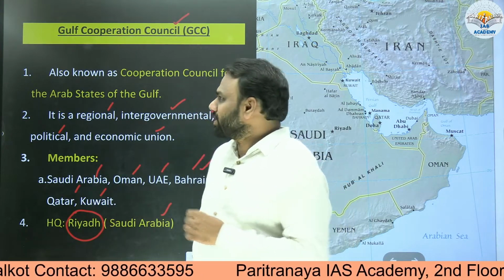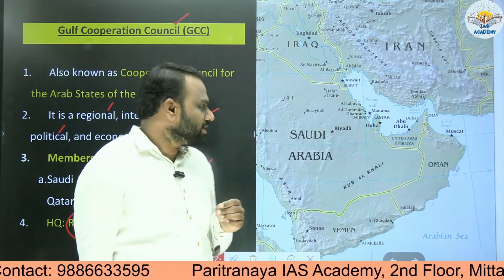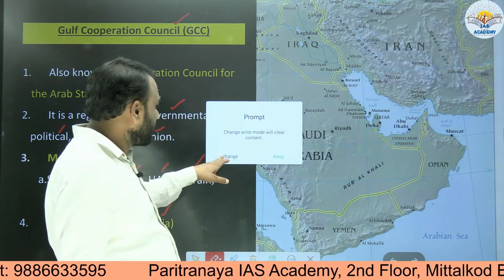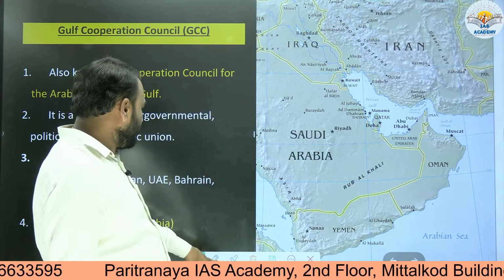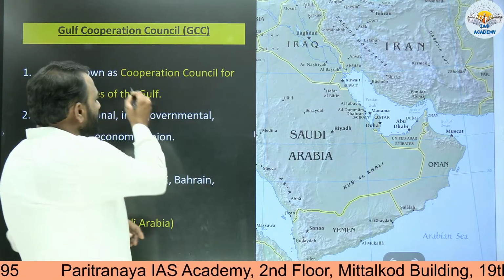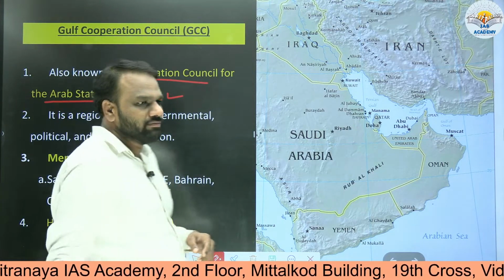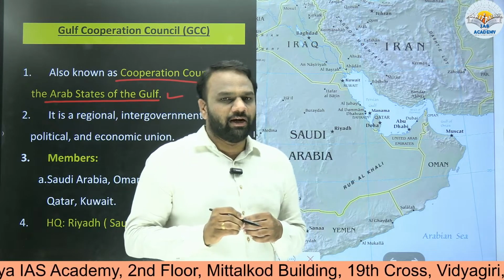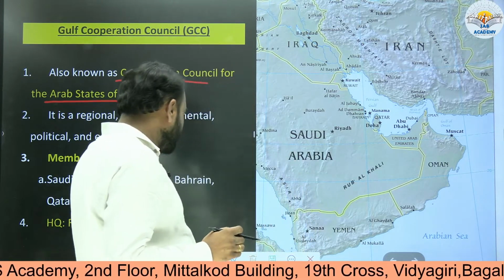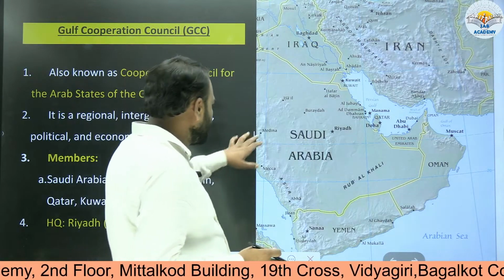Let us try to locate these countries on the map. Before that, we also need to know that GCC is also known as the Cooperation Council for the Arab States of the Gulf. It's known by an alternative name. Next, let us map these countries.